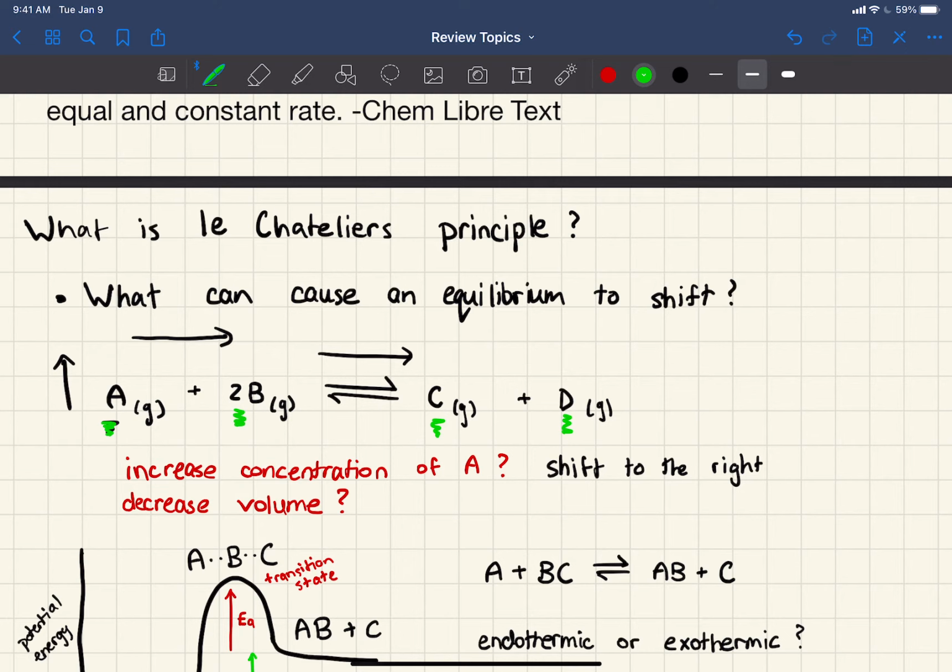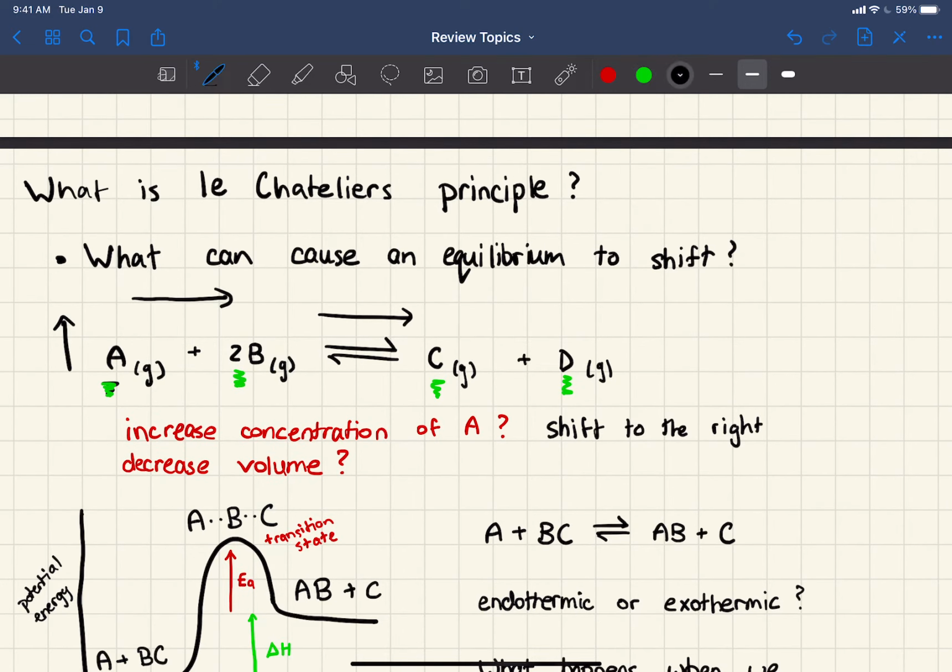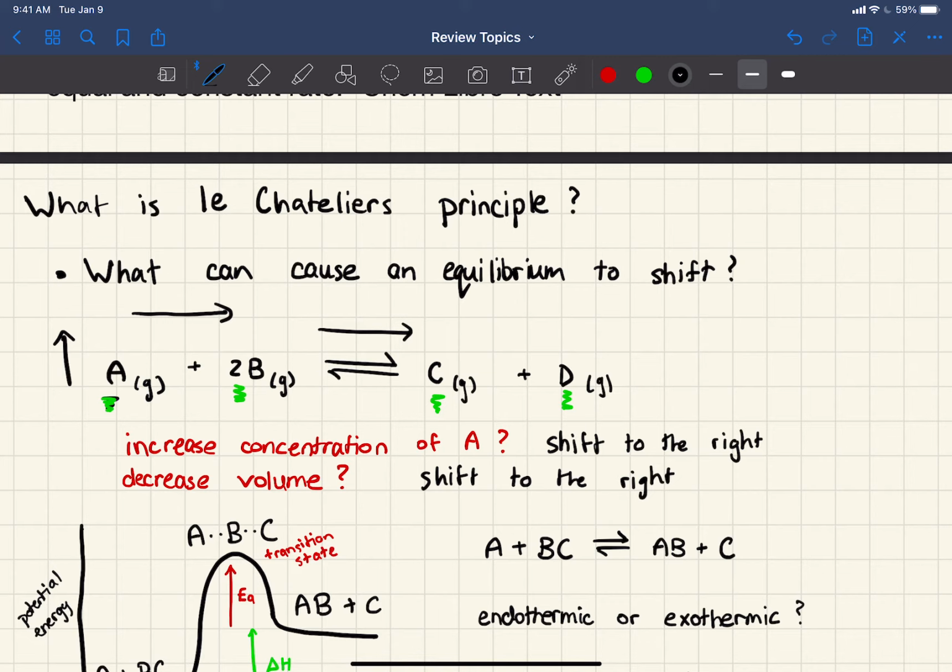And so if we shift to the right, we will decrease our pressure. And so this is also a shift to the right. All right. And so I kind of explained my reasoning, but this should be very quick and intuitive. This will really help you out with questions.